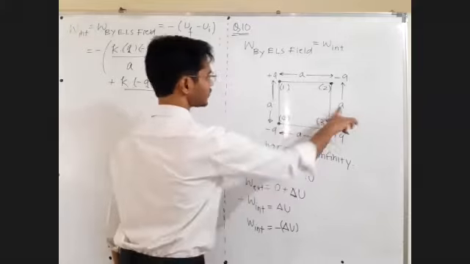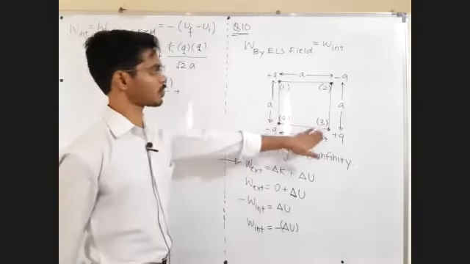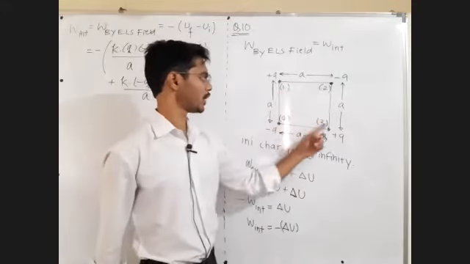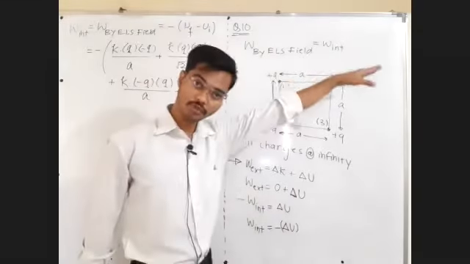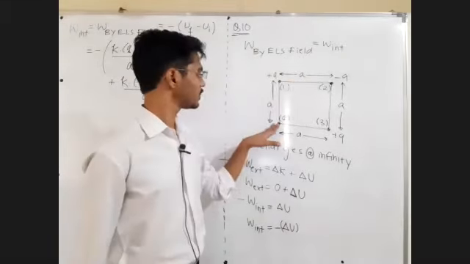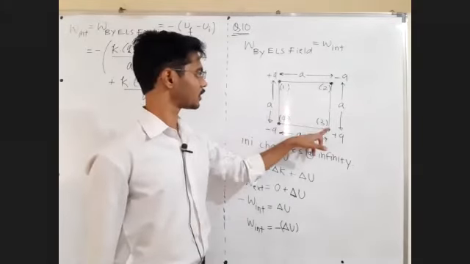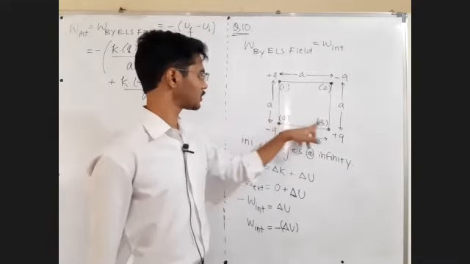Distance between 2 and 3 is small a. Plus, the third charge has been brought in the field of the second. Now in our system we have 3 charges, 1, 2 and 3. Now we have to bring the 4th charge from infinity to the given point. So it will be brought in the field of the first, the second and the third. It means it will interact with the first, the second and the third.